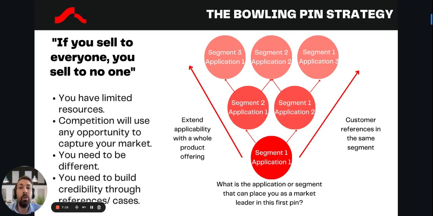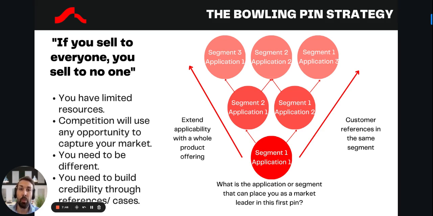Secondly, the competition will use any opportunity to capture your market. That means if you don't become a market leader with a huge customer base in one of the segments or in one of the applications, that means an opportunity for the competition to capture that market. Why? Because once you enter into the mainstream, remember, mainstream wants safe choices, and the safest choice they can pick is the market leader.